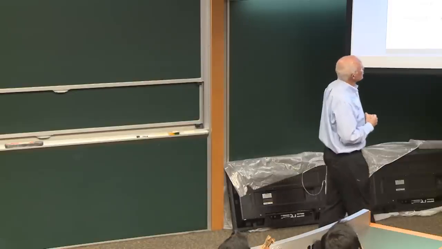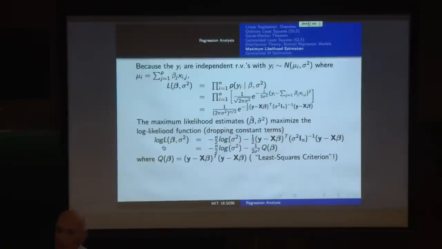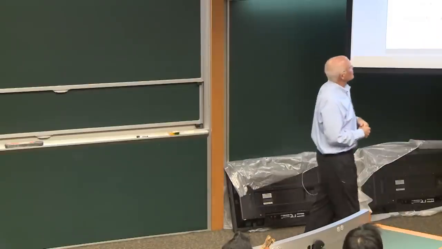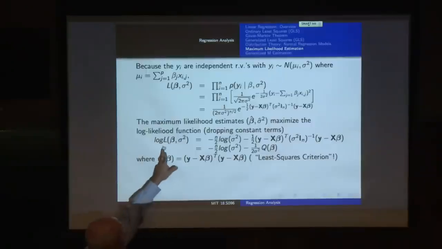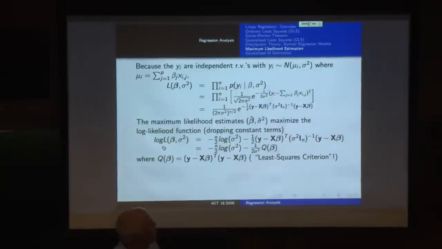And if we're going to maximize the likelihood function, we can also maximize the log of the likelihood function, because that's just a monotone function of the likelihood. And it's easier to maximize the log of the likelihood function, which is expressed here. And so we're able to maximize over beta by minimizing Q of beta.